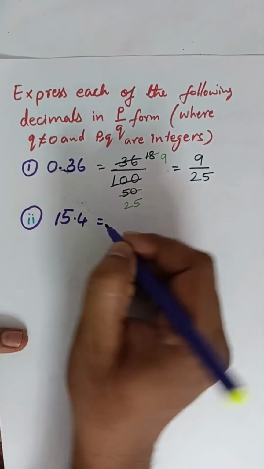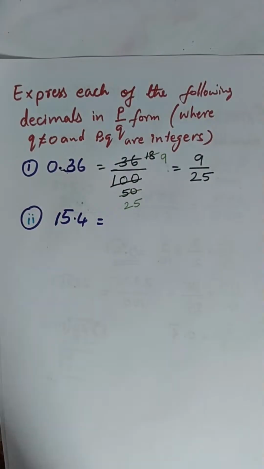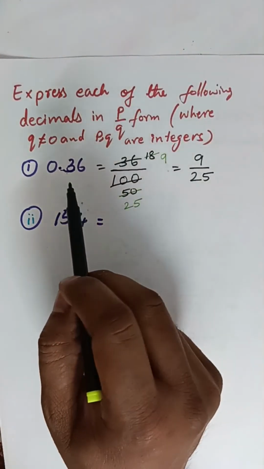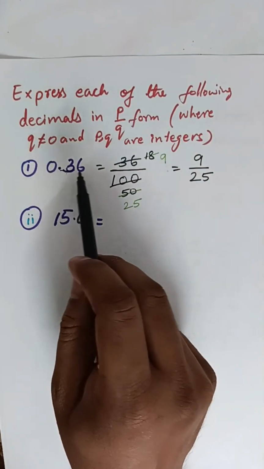15.4. Now you have to listen and see. What I said here is that you have to count from the decimal towards the right side how many digits are there.